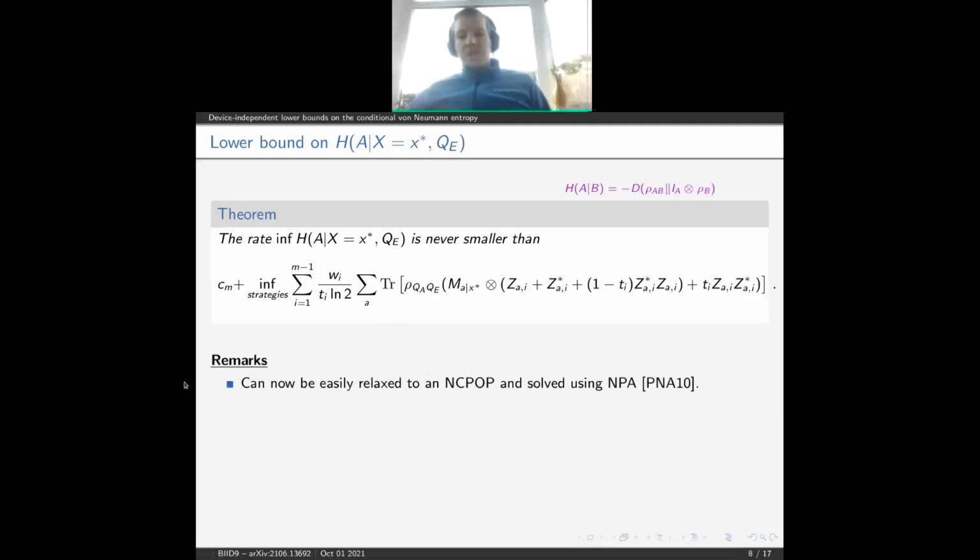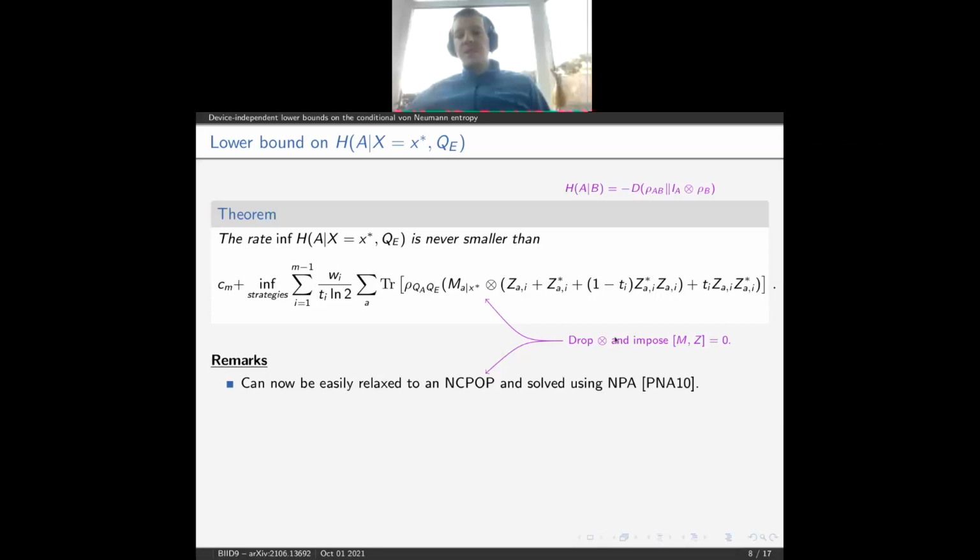Okay, and the idea now is that this form is sufficient for us to relax this to a non-commutative polynomial optimization problem. So in particular, we just drop this tensor product structure here, and then we impose that operators that acted on different subsystems, for example, this M and this Z, should now commute.